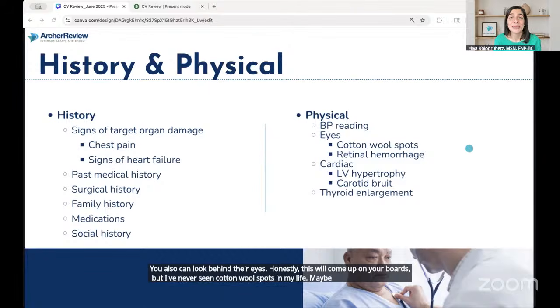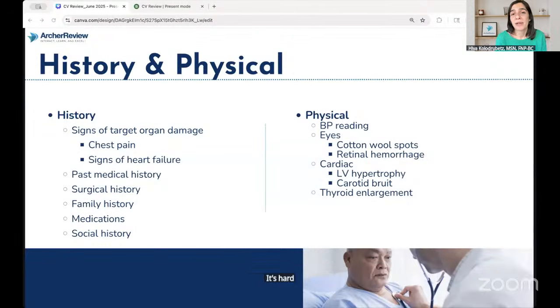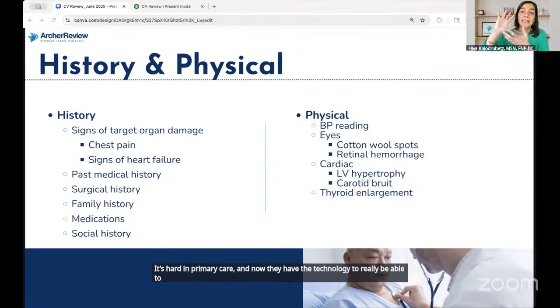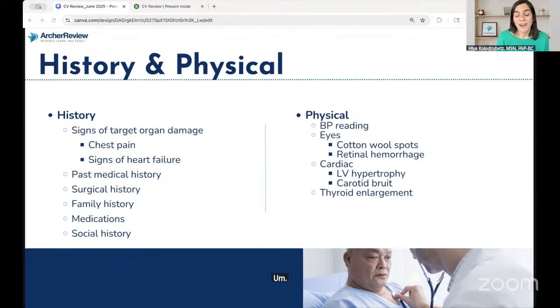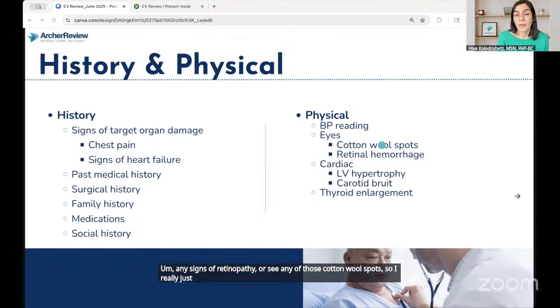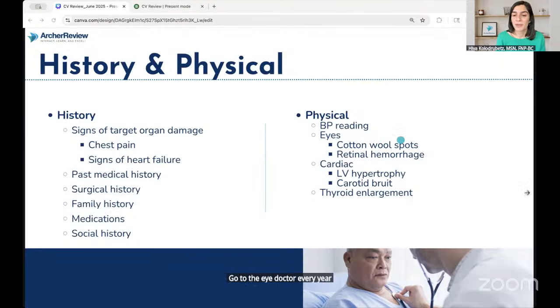Maybe I don't do a good enough job with the optic exam, but it's hard in primary care. And now they have the technology to really be able to dilate the eyes and look in the back and look for any signs of retinopathy, or see any of those cotton wool spots. So I really just make sure that my patients do go to the eye doctor every year. That's part of my routine questions when I'm talking to my patients.